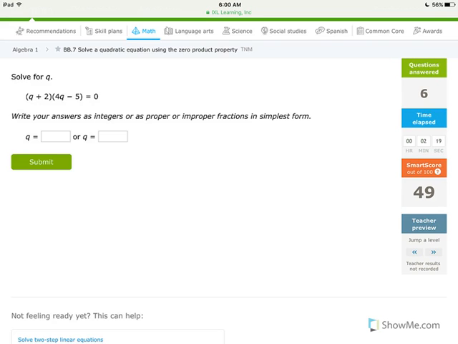And here's the next one. The first one, you can probably do that in your head. What kind of number does q have to be to make those parentheses 0? Q would have to be a negative 2, because a negative 2 plus 2 would be 0. This one you might need to set up an equation and solve for where 4q minus 5 can make a value of 0.